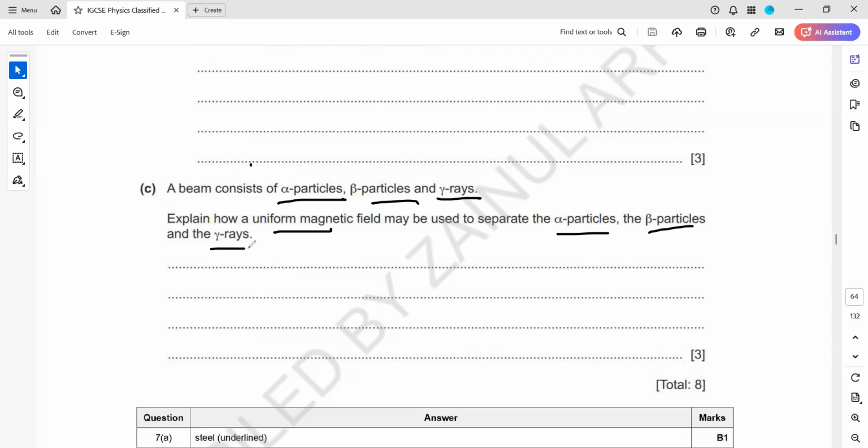How can we use it? First, we apply a magnetic field perpendicular to the direction of the motion. Let's say this is a region of magnetic field. I'll write the answer as well, but this is an explanation from the diagram. When I put crosses, it means the magnetic field is into the page.